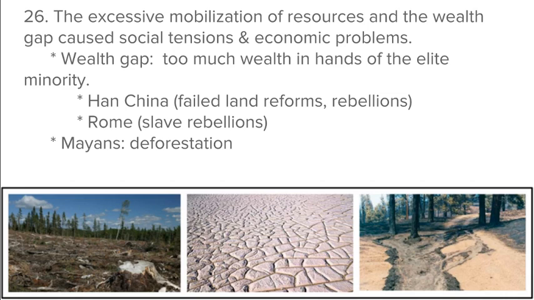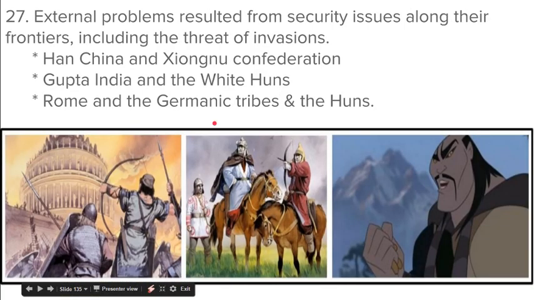Also, we see that as the populations grow and expand, they're going to have environmental problems. And we see this especially with the Mayans, who caused deforestation by doing too much slash and burn agriculture as their population grew. Now, external problems also led to the decline and the collapse of these states of the classical era.